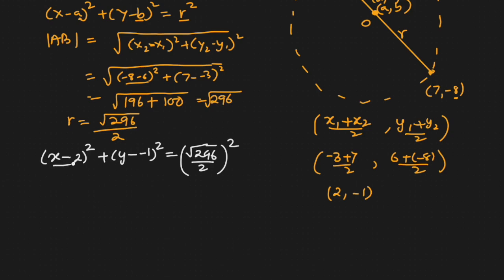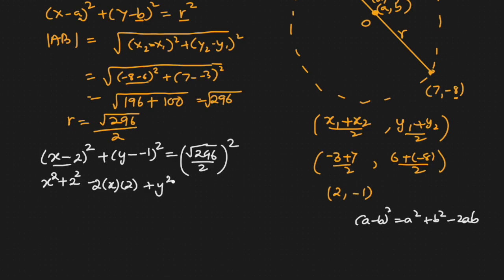This, if I expand this with the help of the a minus b identity, (a minus b) square is a square plus b square minus 2ab. So a square plus b square minus 2ab, that is the expansion of this.